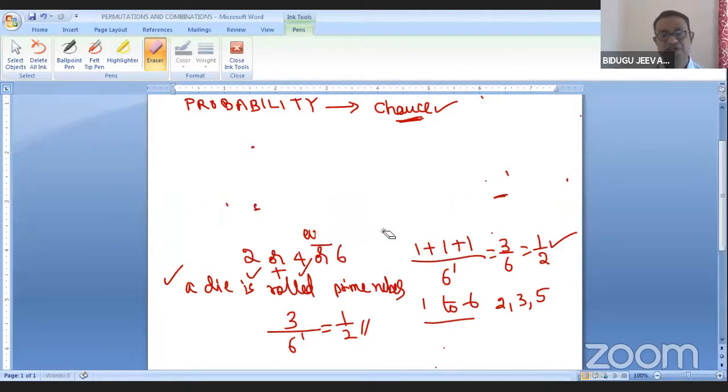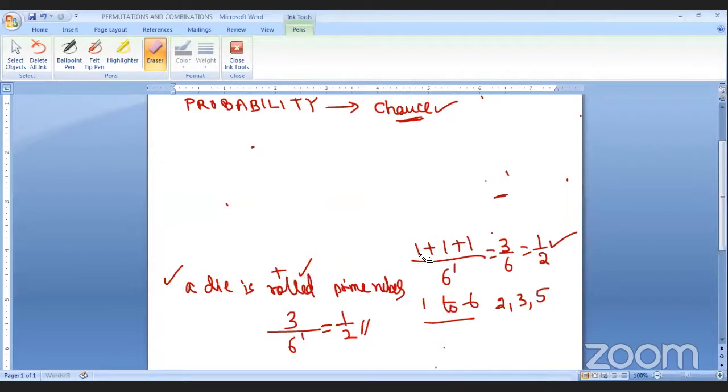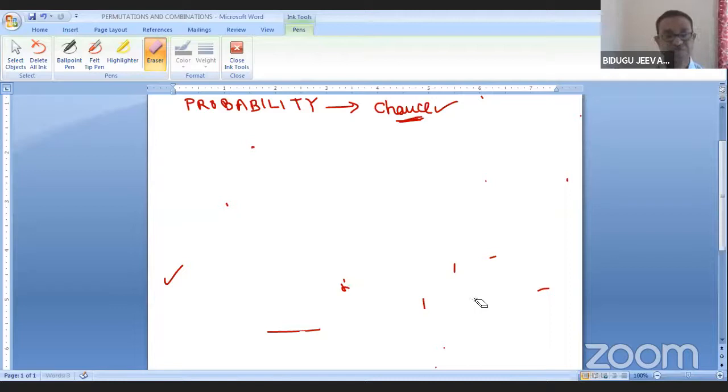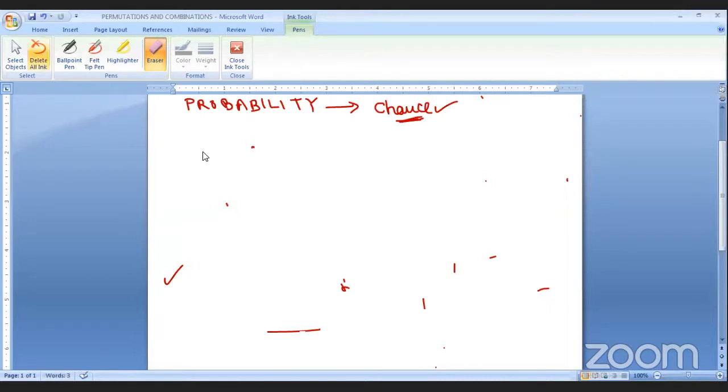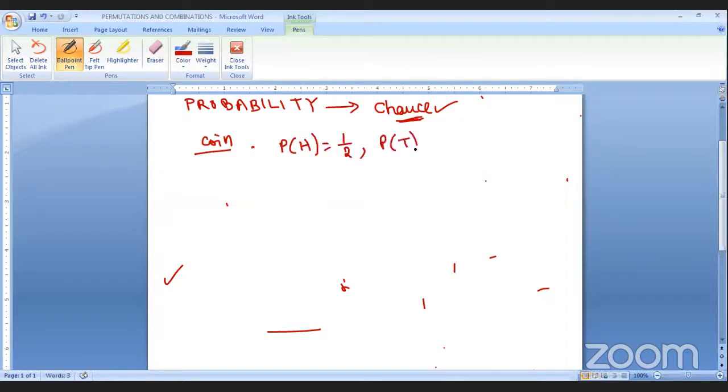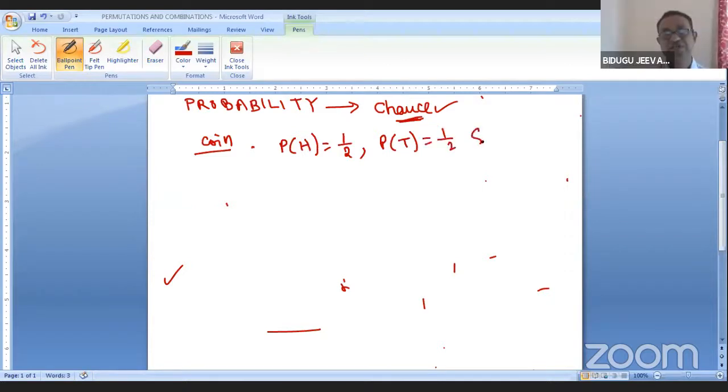It's a wonderful point to do the problem in a short method, right? I'll give you an example also. I'll take coin. Probability of head, 1 by 2. Probability of tail, 1 by 2. Sum is half plus half, 1.